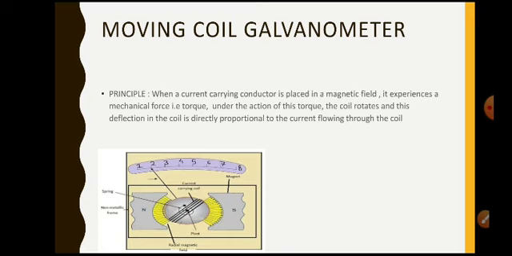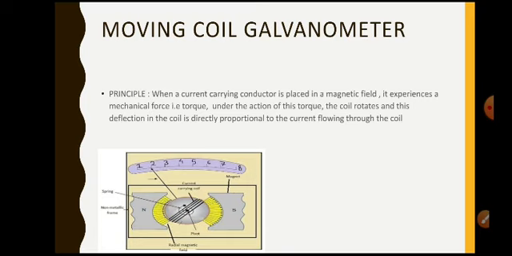So the moving coil galvanometer is a device used to measure and detect very small electric current. It is a sensitive device to measure current. The working principle is, when a current carrying conductor is placed in a magnetic field, it experiences torque.